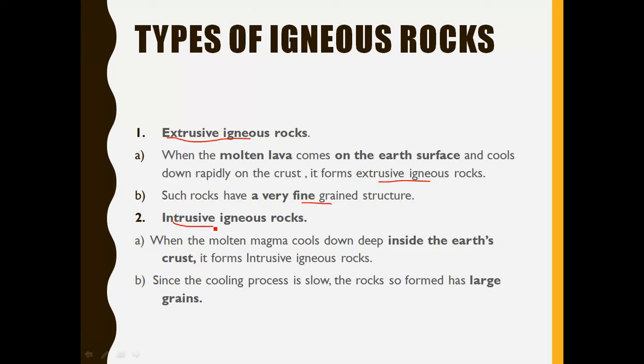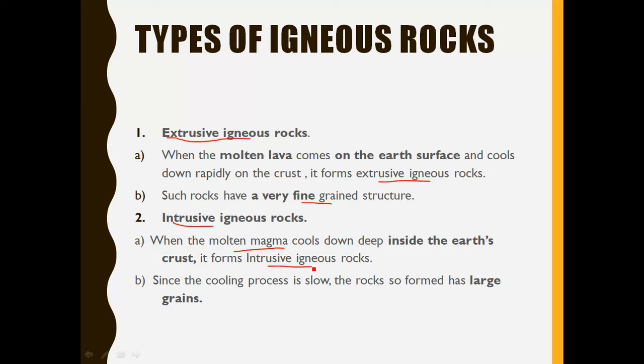Now, as the name says, intrusive means inside. That means when the molten magma cools down deep inside the earth crust. Here the molten magma is not cooling outside the earth, it is cooling inside the earth. So it forms intrusive igneous rocks. Because it is inside, the cooling process is very slow.